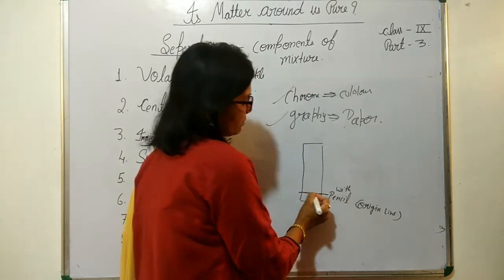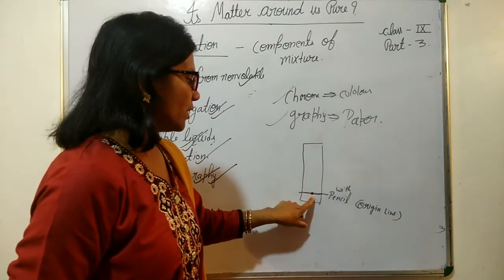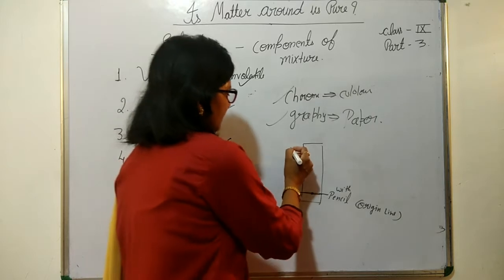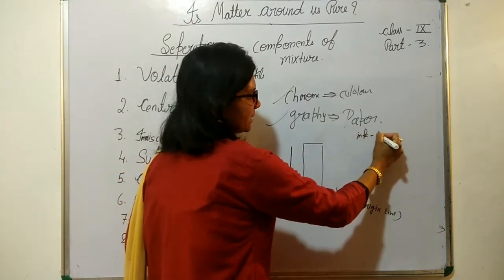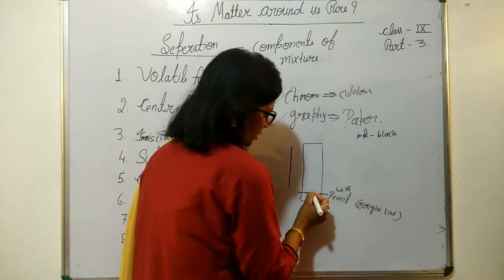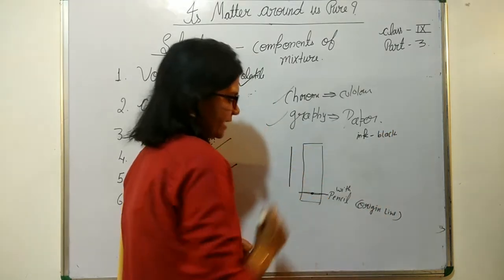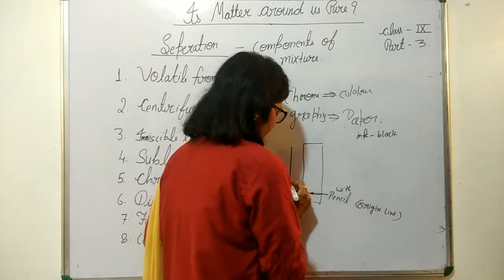Then you put your mixture here as a drop or a point. Suppose you have taken black ink. Then you put a spot of black ink here.